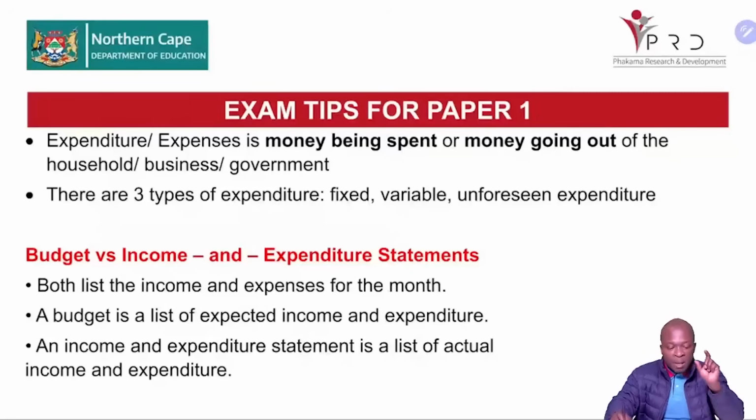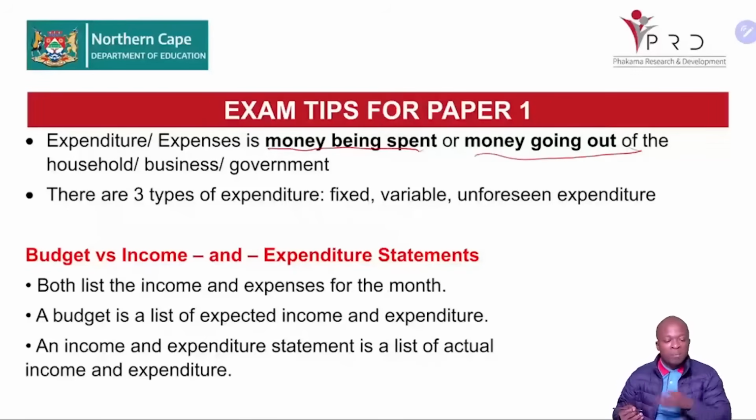So the first thing that I want you to understand, whenever you see expenditure or expenses, take note that it is money being spent, money going out of the business or the account.